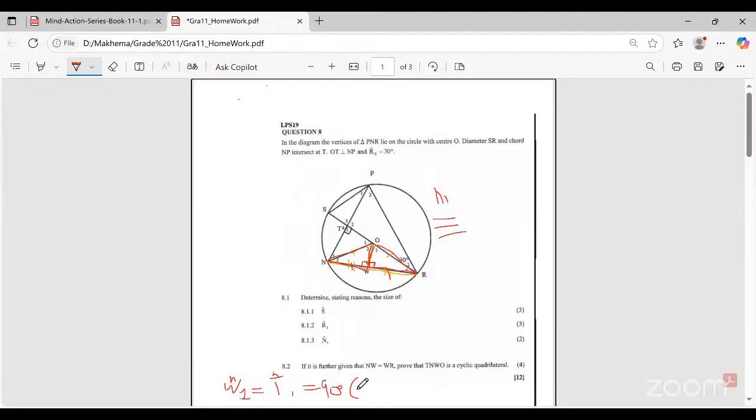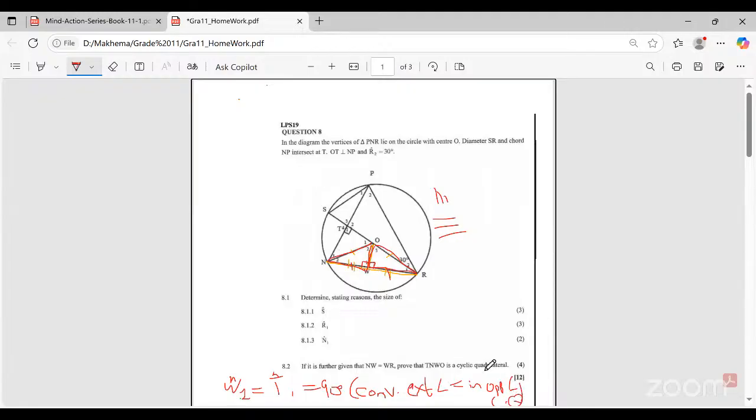Now it is going to be the converse, because we are using those angles to prove something. It is going to be the converse of exterior angle is equal to interior opposite angle of a cyclic quad.